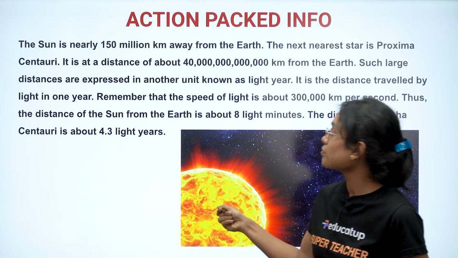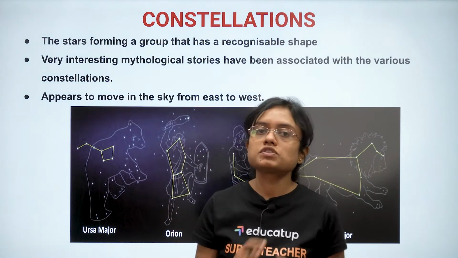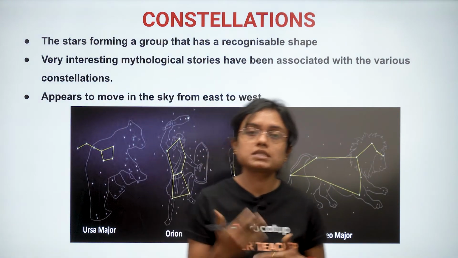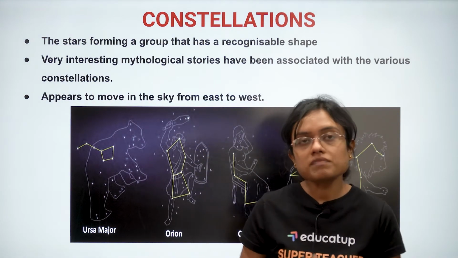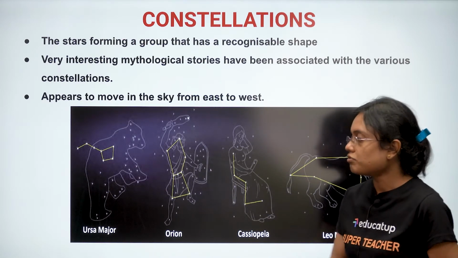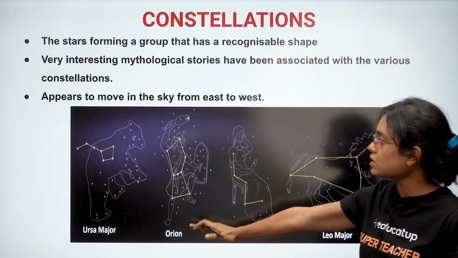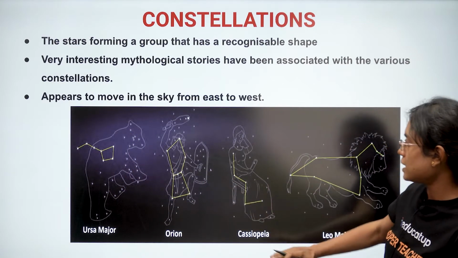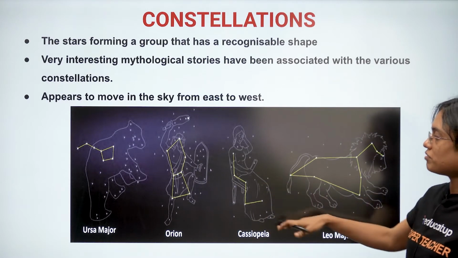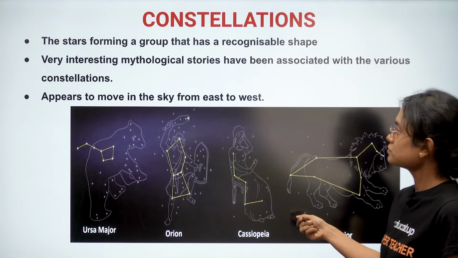Alright? Now constellations. There are some stars which form a group, and the group depicts a particular shape. The group of stars is known as a constellation, and they have very different shapes. For example, Ursa Major has the shape of a bear, Orion has the shape of a hunter, Cassiopeia has the shape of a lady, and Leo has the shape of a lion.